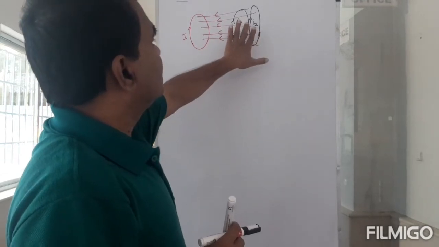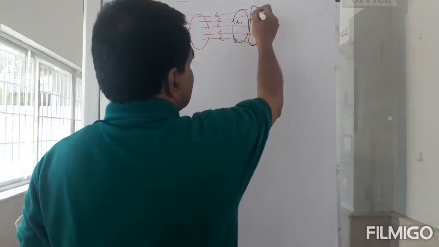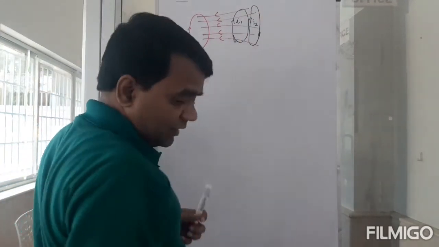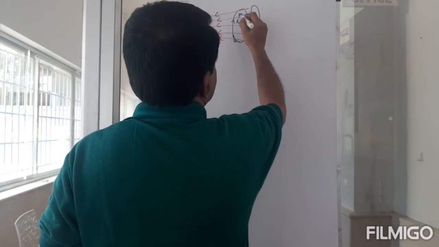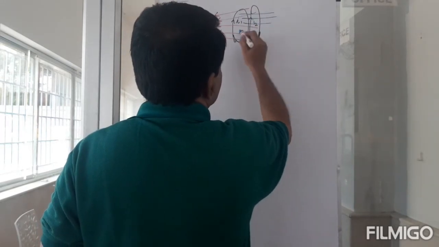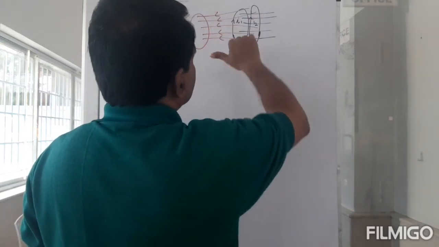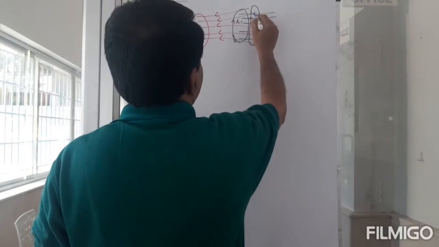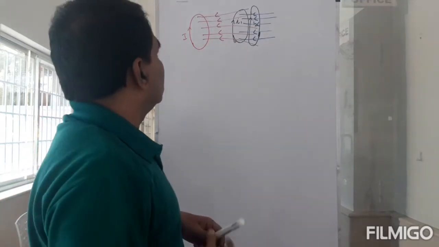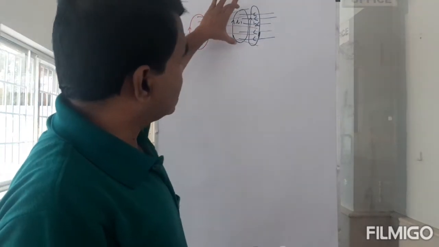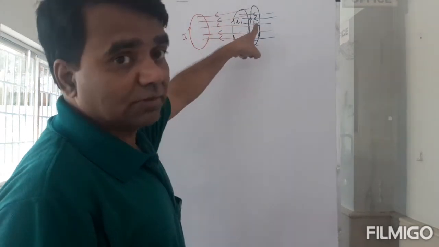Because the current I2 is flowing in this loop, this will set up its own field, and that field would be something like this. Same, so it's going like that. So this field also will be like this. Notice now that this original loop is going to be affected by this loop and also this loop.